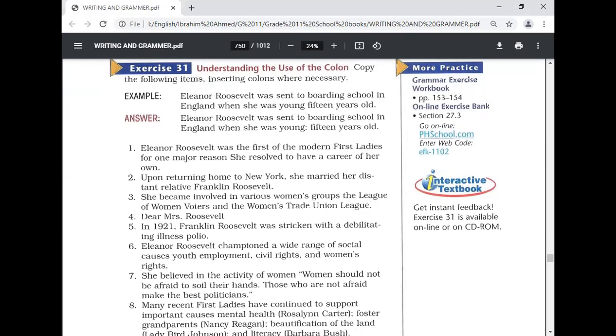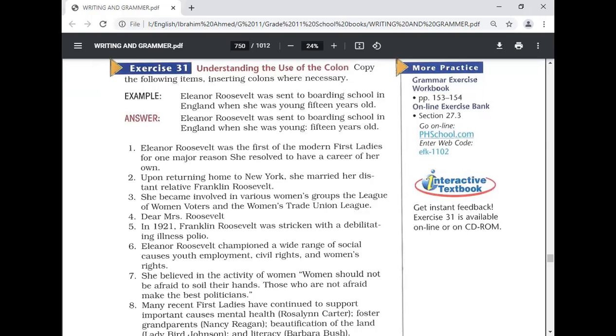Of course, here we have some detail or explanation, so we need the colon before 15 years old. Number one, have a look at number one. Where should we put the colon?